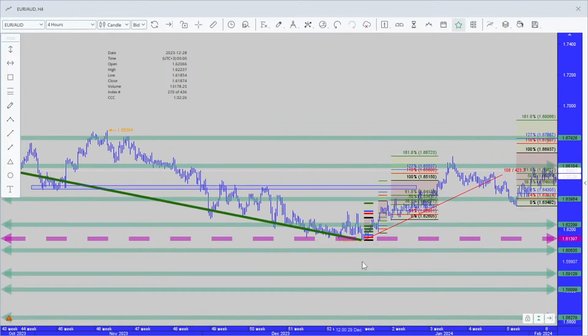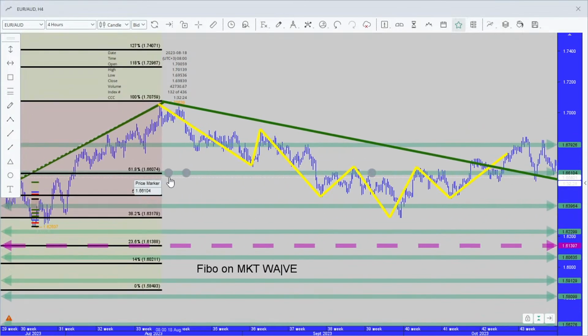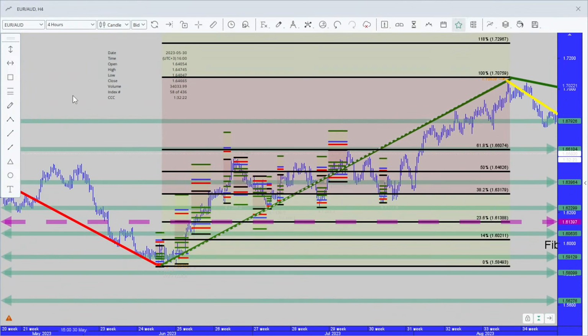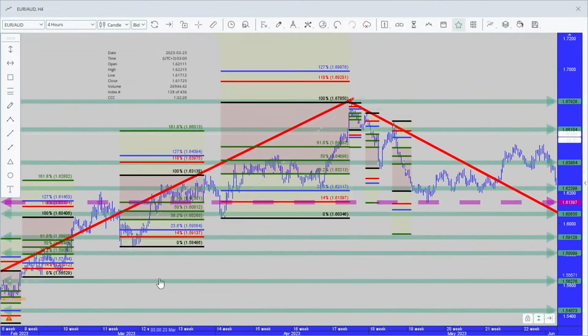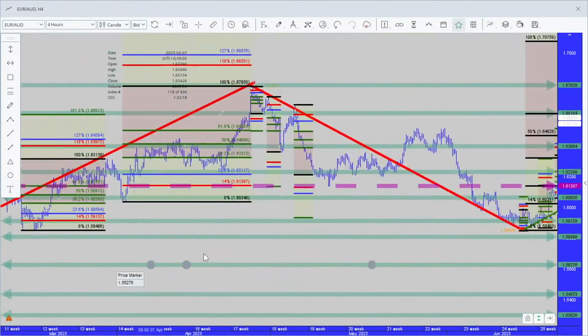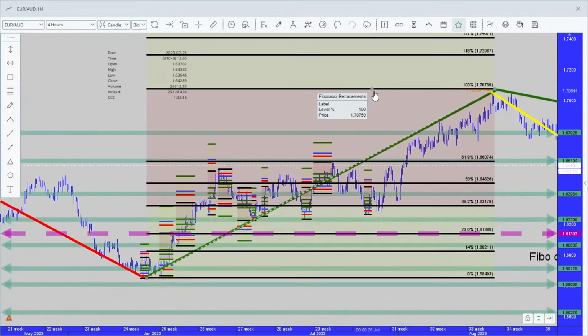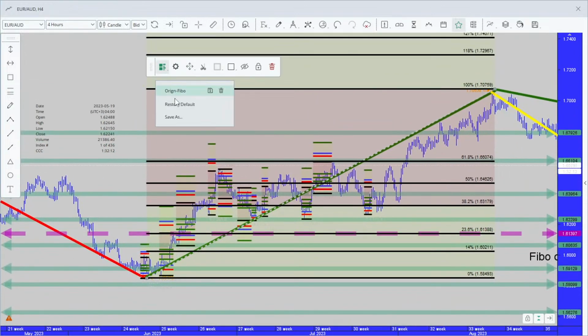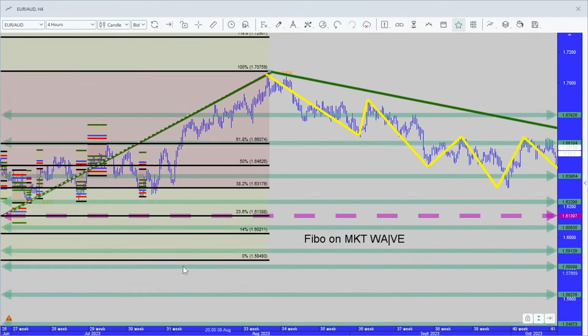Hopefully I'm going to find a contrarian somewhere for me not to change. Alright, we're going to use the black one, so click on this one and here and save. This is going to be the contra Fibo save.